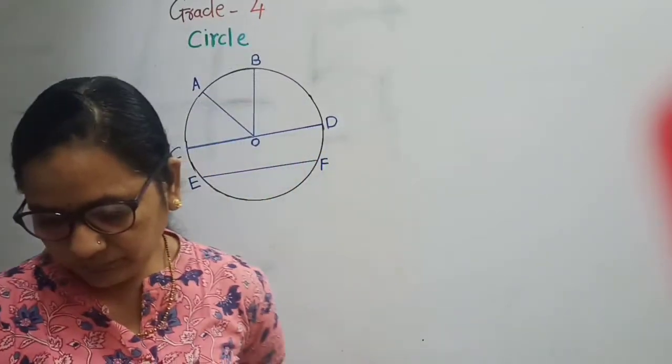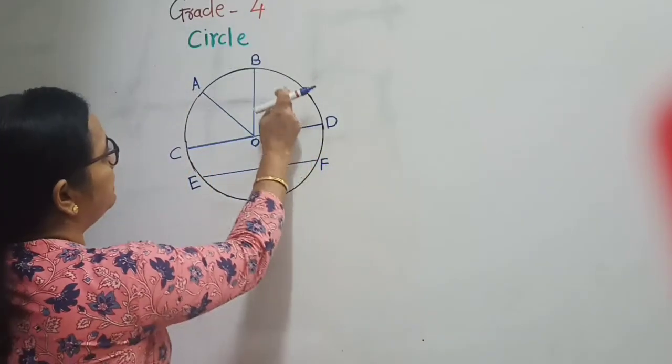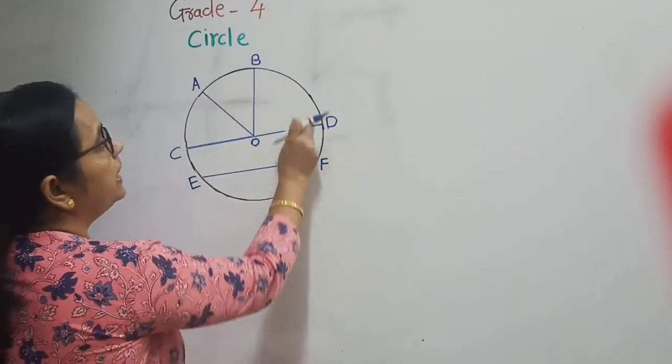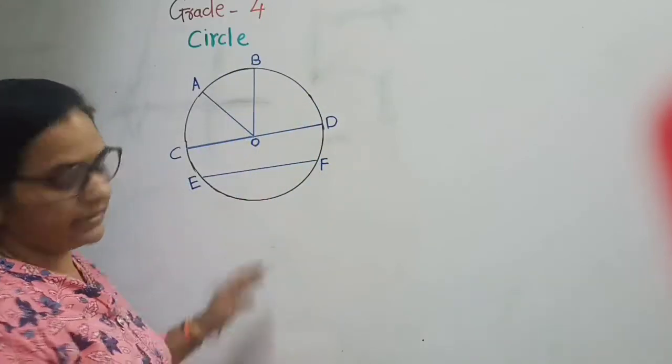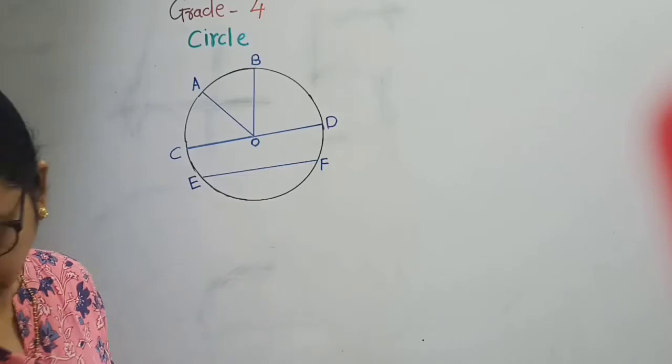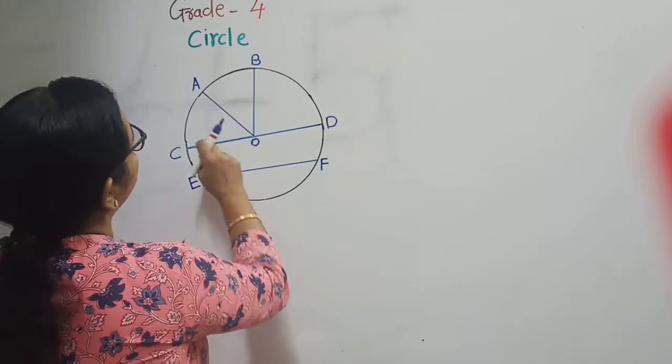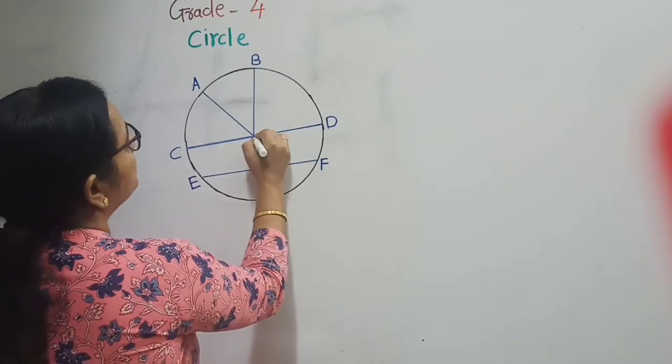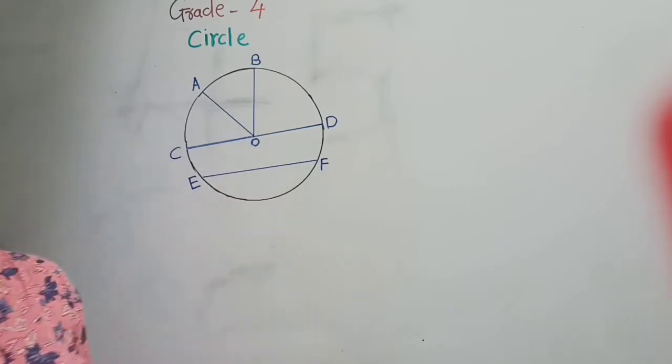Now, a circle is a simple closed curve. See here, here is a center point.